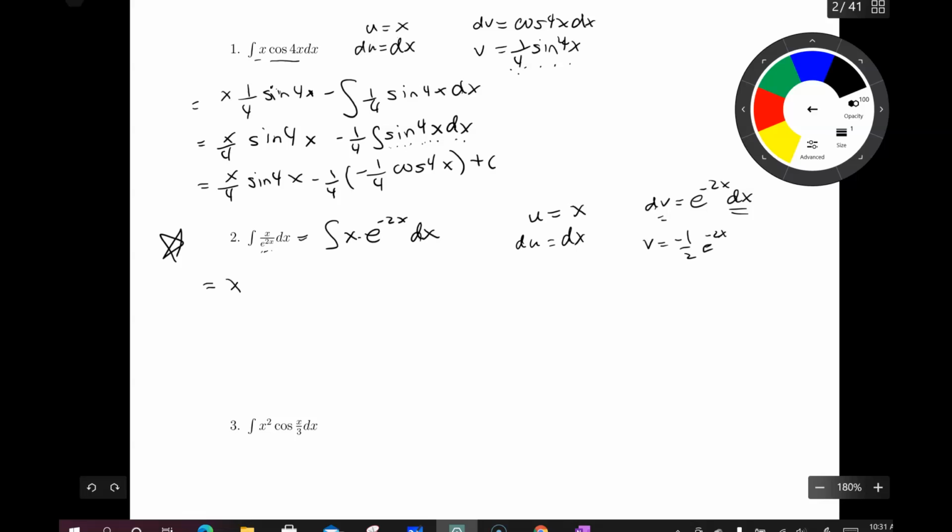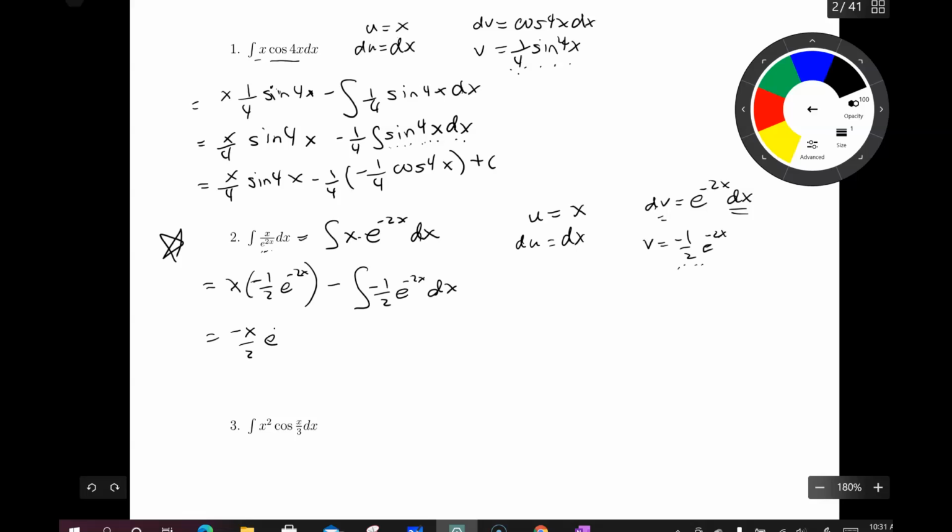So uv, remember if you have a subtraction, you need to put parentheses or deal with this negative so that it looks like multiply, not with just a dot, right? Minus the antiderivative of v, which is this, du, which is dx. Okay, so I'm just going to fix this up.